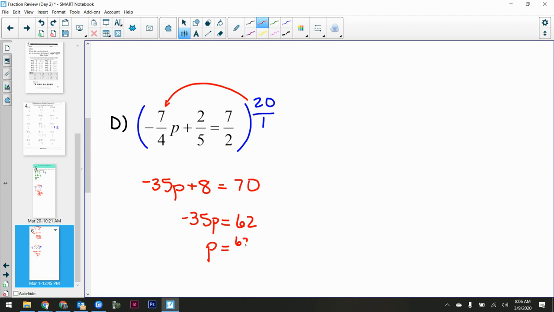So p is equal to negative 62 35ths. Does that have any common factors? Because 62 is going to be 2 times 31, and 31 is prime. And then 35 is going to be 7 times 5. So, no, that's it. Negative 62 35ths.